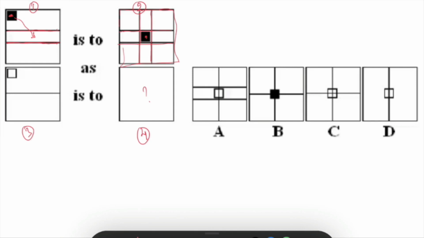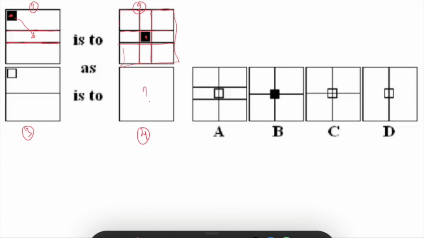This is number 1. Number 2, the movement of the black square from the upper left corner to the center of the big square. So if I apply this to 3 in order to come up with a prediction about 4, I think we had to add one line, not two, based on what happened between 1 and 2.